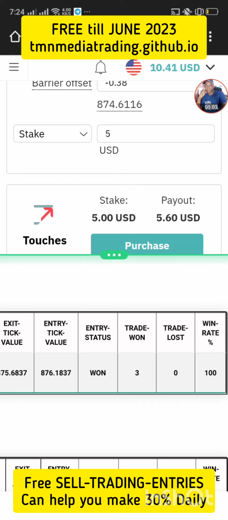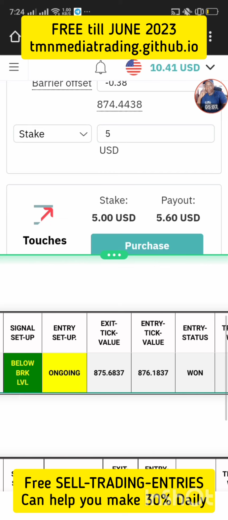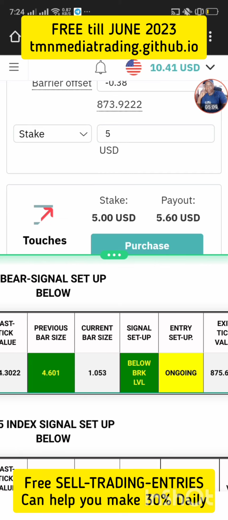Okay, 3 trades, 3 signals, they were all won. Now, is it possible that you enter into a trade and you experience a loss? Yes, it is possible. You see, out of 10, you're going to see 1 or 2 that are going to give you something like that.